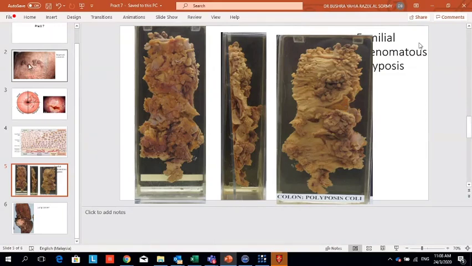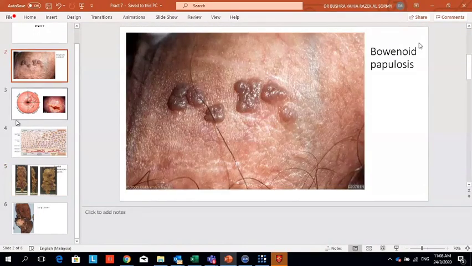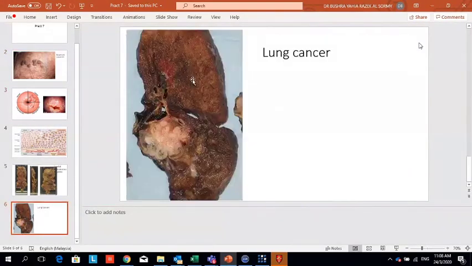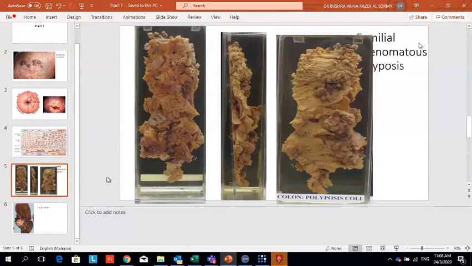This one is just additional because I need you to understand how it is. Also this is additional, and this one also additional. But our specimen, we have this specimen. For dysplasia, we have only this specimen. Okay?